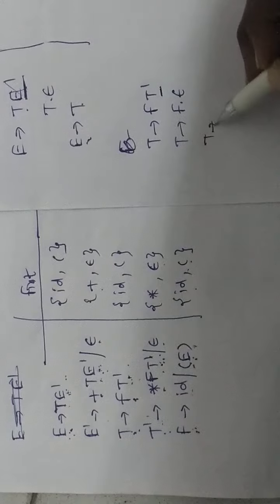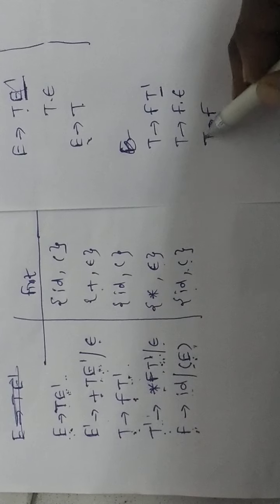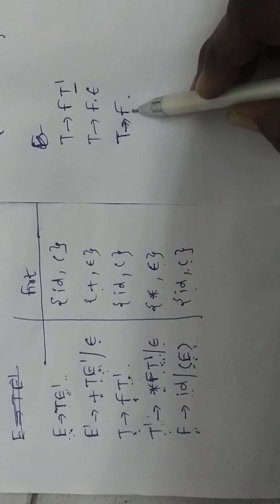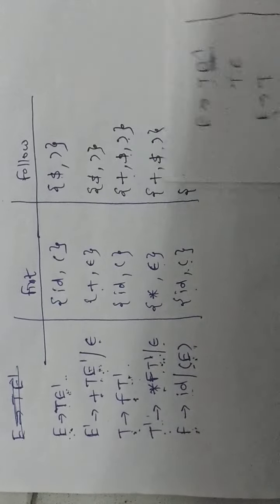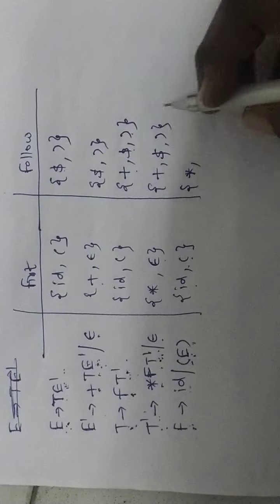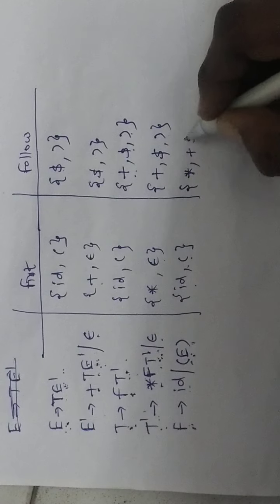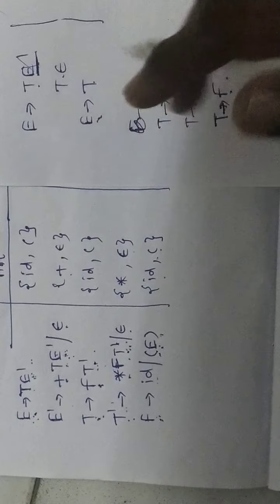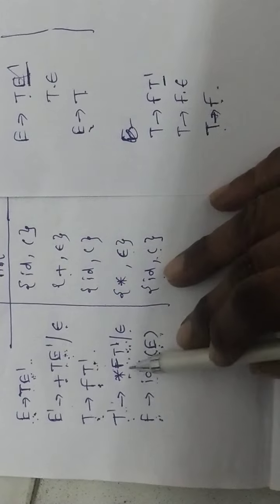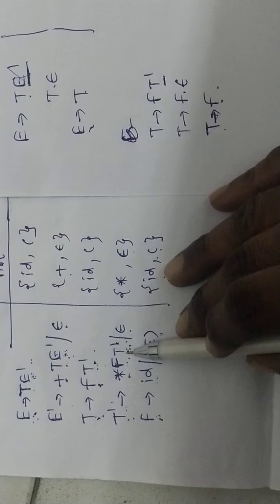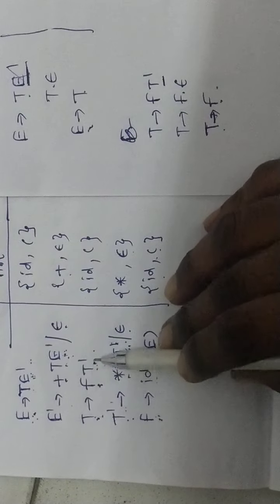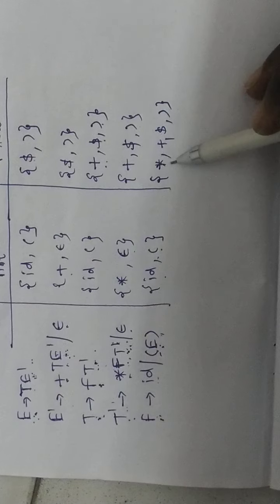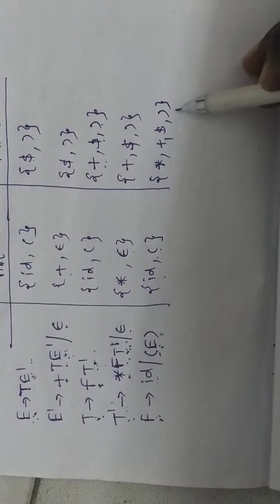Now this becomes T implies F. Then after F nothing is following, so follow of F is nothing but follow of T. What is follow of T? Plus, dollar, and closed bracket. Now the second case, F is also present here. After F it is again T dash, which we have already calculated, so no need to calculate again. So the follow of F is star, plus, dollar, and closed bracket.